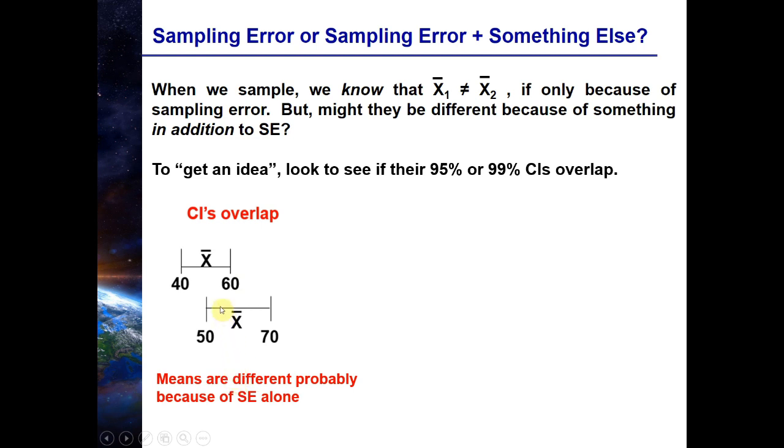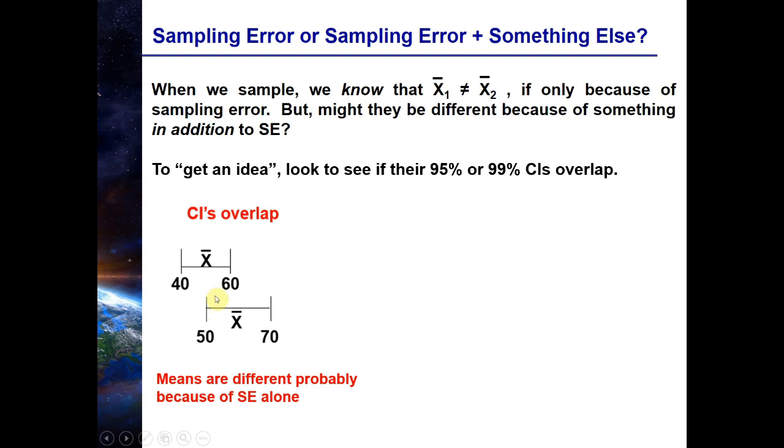Now I'll explain why. You're saying that mu is somewhere in this interval, right? You're saying 95 times out of 100 mu is here. And you're also saying 95 times out of 100, the true mean for this x bar is somewhere in this interval. Well, does that not mean that you can have a mu here that equals a mu there? See how there's overlap?